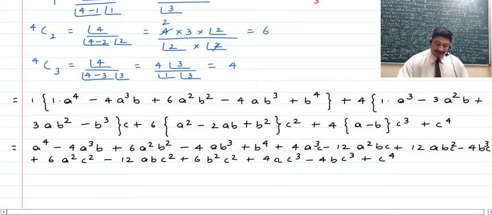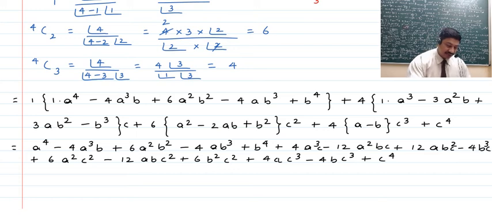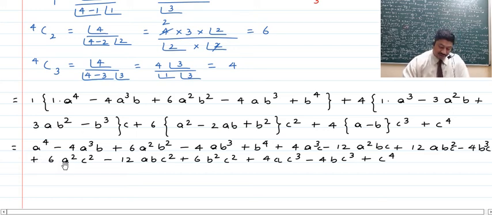Now it will be our turn to find out the like terms. So if we talk about the like terms, we start out with the first one, that is a raised to the power 4, and I don't think any term is going to have a raised to the power 4. It is not. So as such, a raised to the power 4 is going to be written lone, right? Next we try and search for a cube b, and there is no term with a cube b.